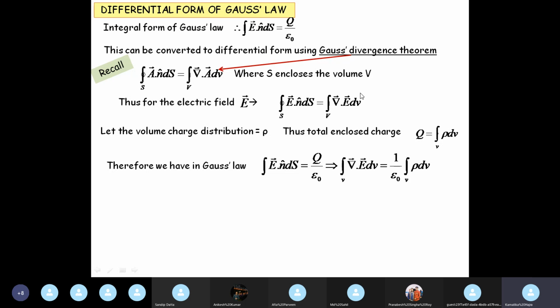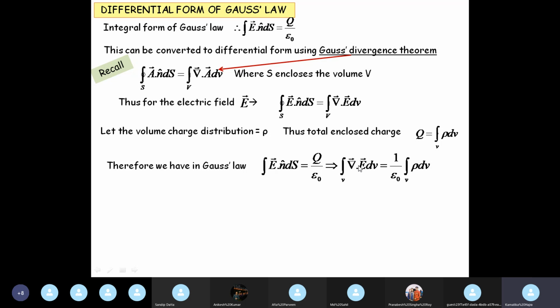I use Gauss's divergence theorem to replace the surface integral by a volume integral, so that it becomes the volume integral of divergence E dV, and on the right hand side I write 1 by epsilon naught times the volume integral of rho dV, because this is the value of Q. So this is Gauss's law.